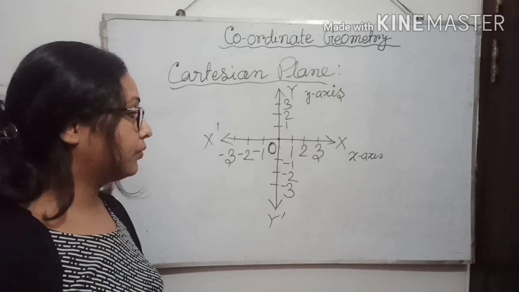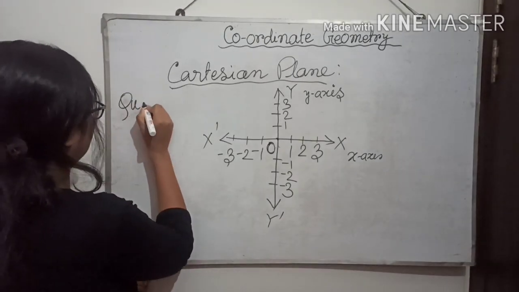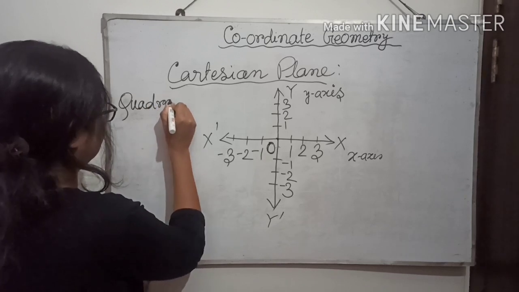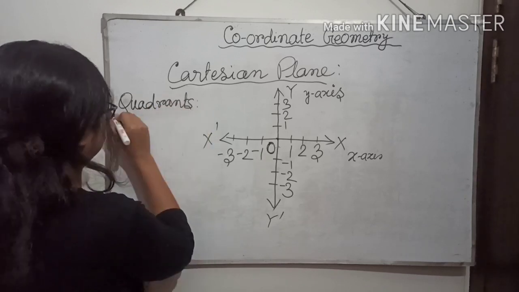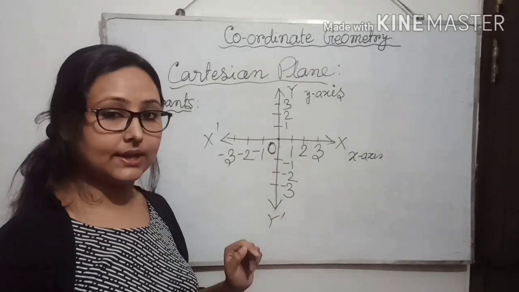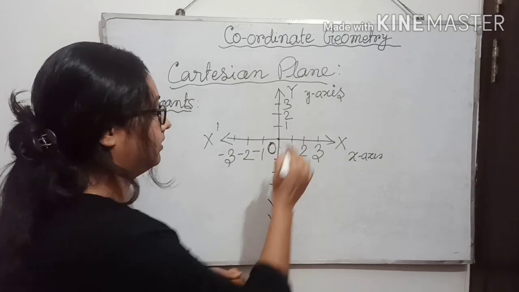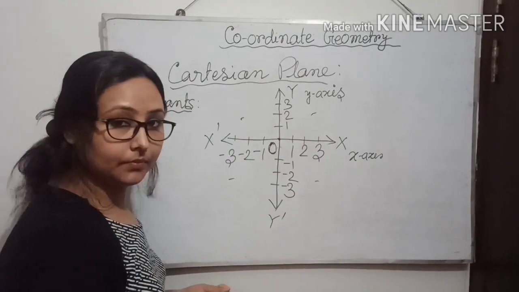Okay. Now we have to understand what quadrants are. We see that the x-axis and y-axis divide the plane into 4 parts: 1, 2, 3, 4. Okay.